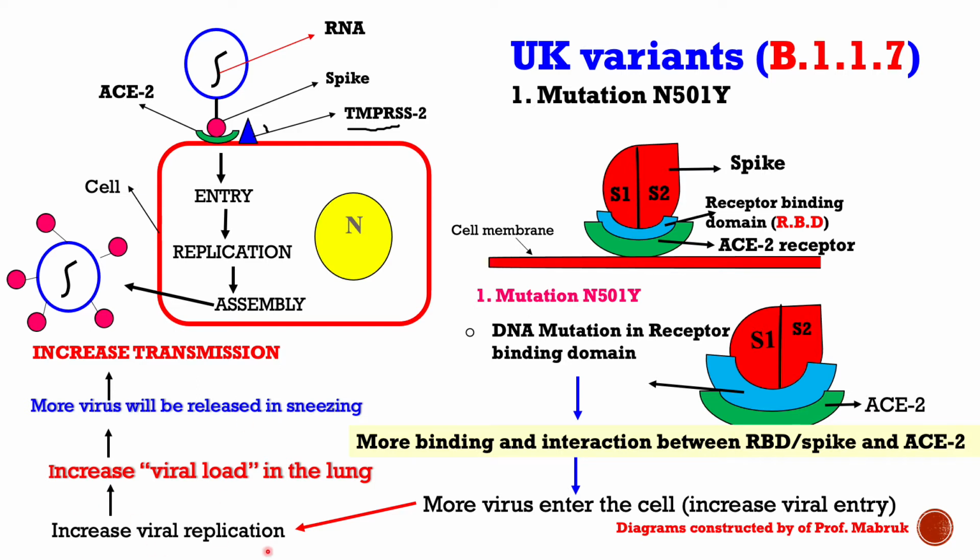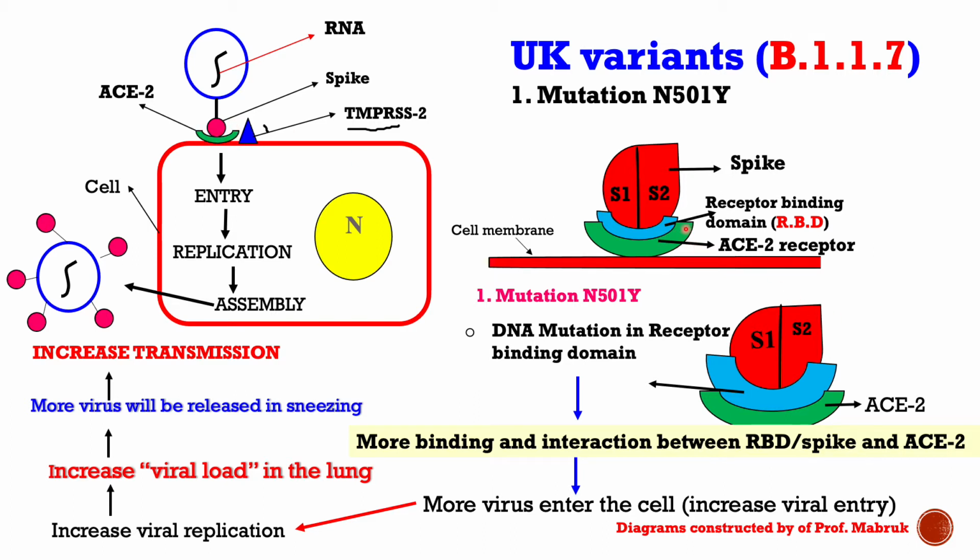What you see here, what I was describing previously, if we enlarge this picture, we have the spike, which is in red color, attached to the ACE2 receptor, which is in green color. And as you know, the ACE2 receptor is located on the cell membrane.